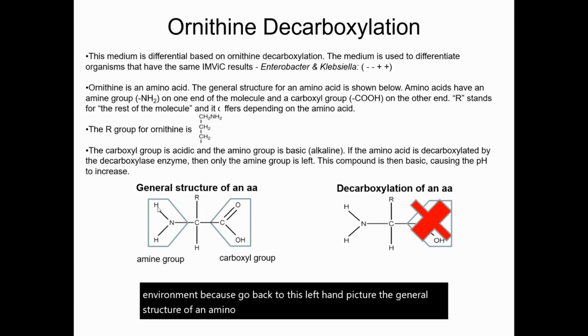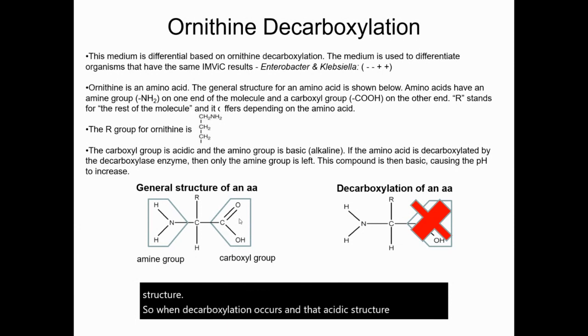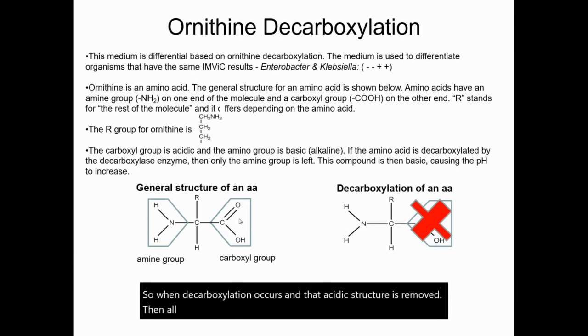Notice that it has a basic group on the left and then the acidic group on the right, which neutralizes that structure. So when decarboxylation occurs and that acidic structure is removed, then all that's left is the basic group, that amine group. So the pH is going to increase because there's going to be an accumulation of these basic amino acids. Now, how does decarboxylation actually happen?